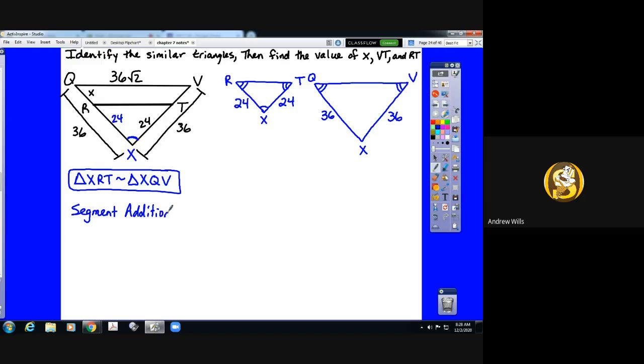It involves stuff from earlier in the year to write out the equation QX equals XR plus RQ. Since R is between X and Q, we can set up segment addition postulate to find the length of x.